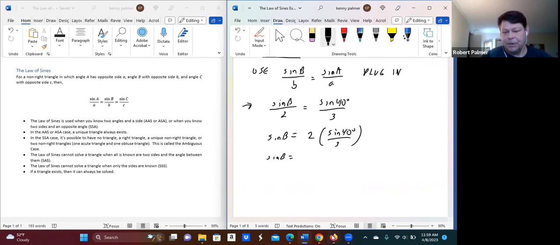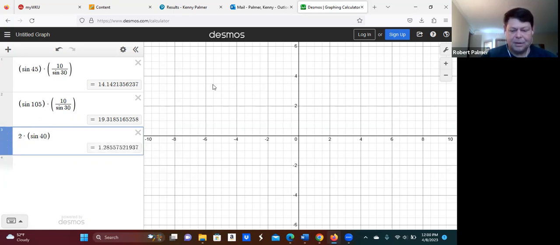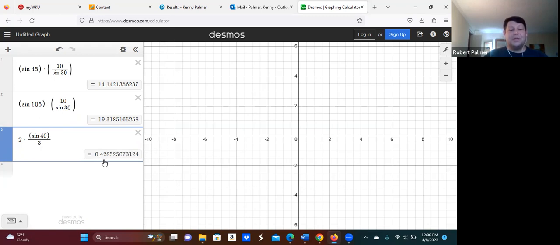Let's use Desmos, and we'll get an approximation of several figures. So 2 times the sine of 40 degrees, divided by 3. Okay. Now, since we're going to take an inverse sine, let's keep several figures. In fact, let's go to 5. So 0.4285, and if we go to the fifth place, it'll be a 3.